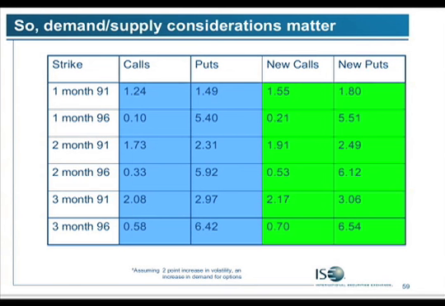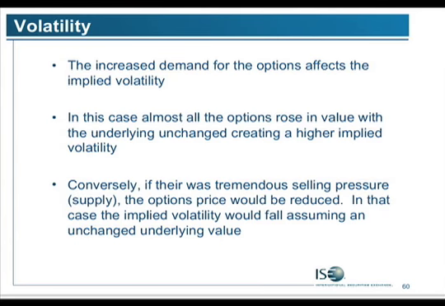If the implied volatility is up, in less technical terms, it's just more buyers create higher option prices, fewer buyers mean lower option prices. The increased demand for the option affects the implied volatility. In this case, almost all the options rose in value with the underlying unchanged, creating greater demand, creating higher implied volatility.